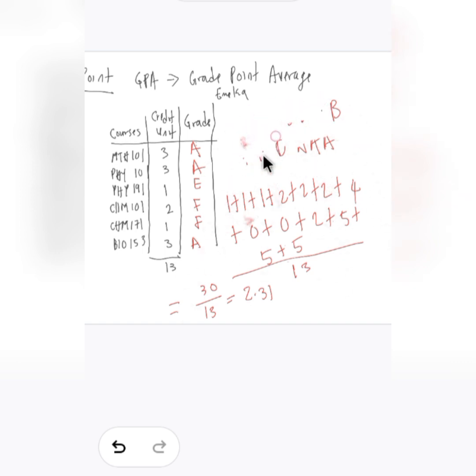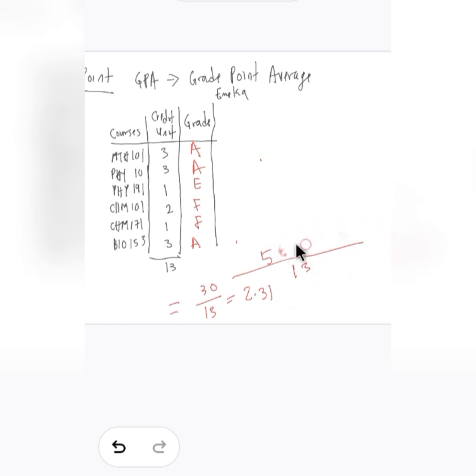Let's calculate Emeka's GPA using the short method. So quickly clean it up. Remember what I said, that you can find your credit units in your handbook or preferably on your portal. When you register your courses, you see the credit unit attached to each course. So Emeka got 3 A's for physics, 1 E for physics 191, 2 F's, 1 F, and 3 A's.